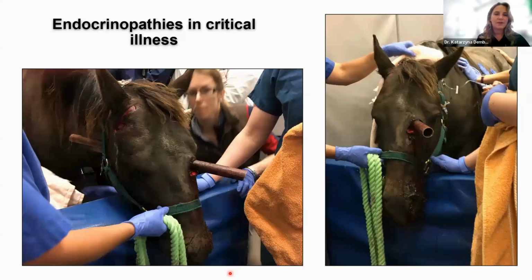Okay, so now I'm going to finish up this talk by talking a little bit about endocrinopathies in horses. So, any critical illness, emergency, and trauma. This is an example of severe head trauma in a horse. All those conditions may result in, or be complicated by, adrenal insufficiency or other endocrinopathies as well.